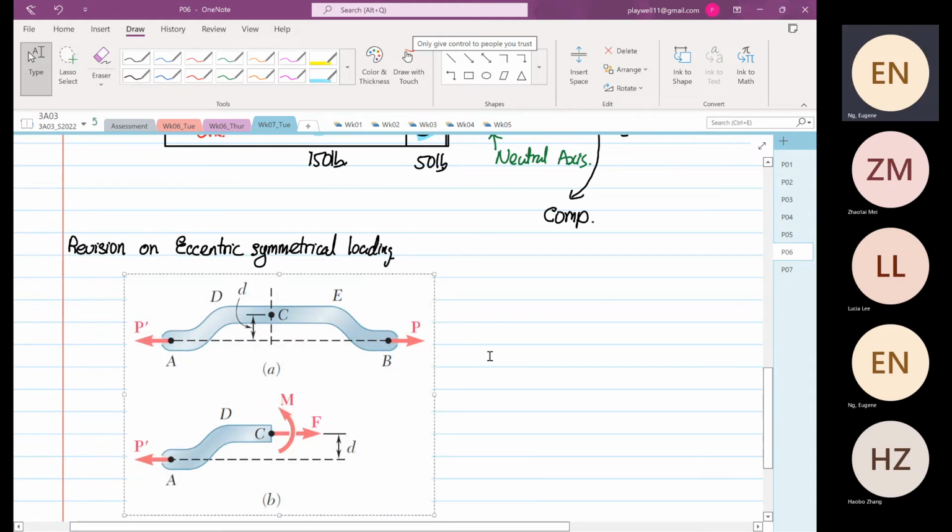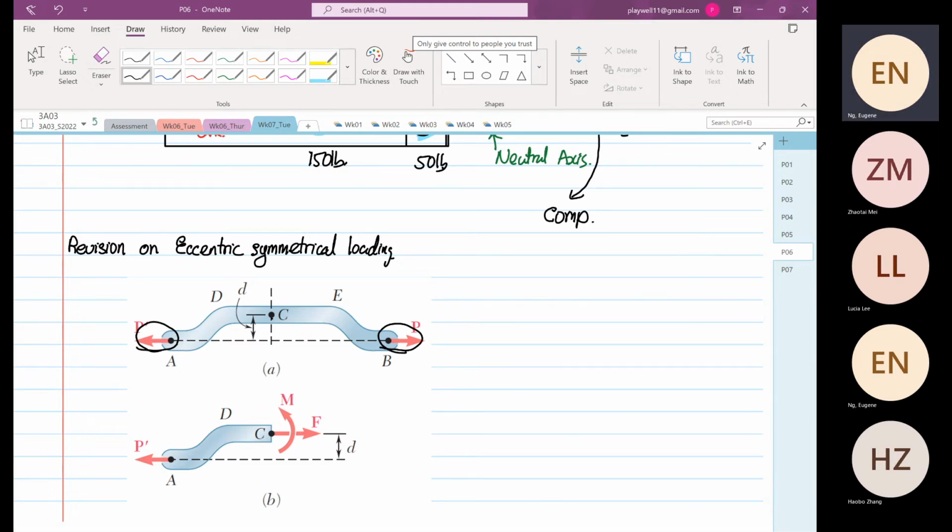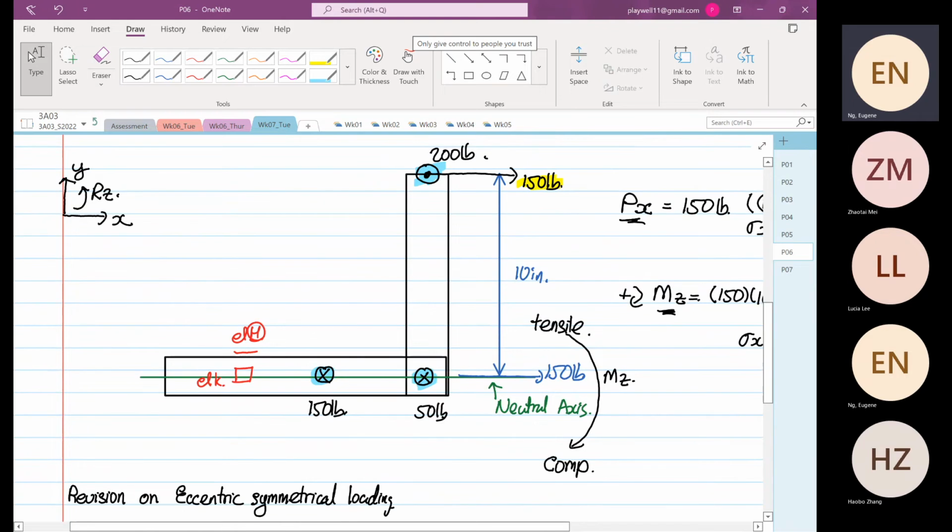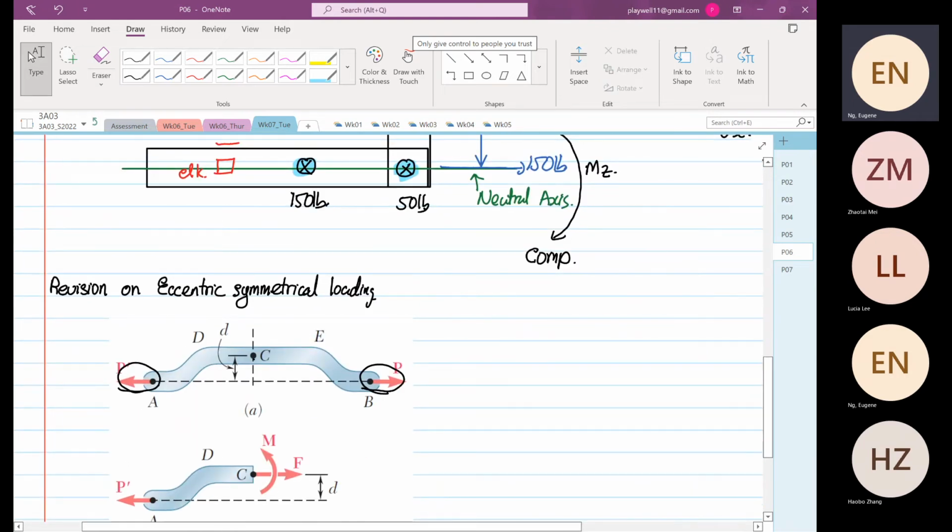At point C on this structure, we have an axial load acting in this direction, and point C is our point of interest. You ask me, Eugene, how is this related? How is this similar to our structure over here? If I were to just modify our structure in pink, you will see it's very similar.